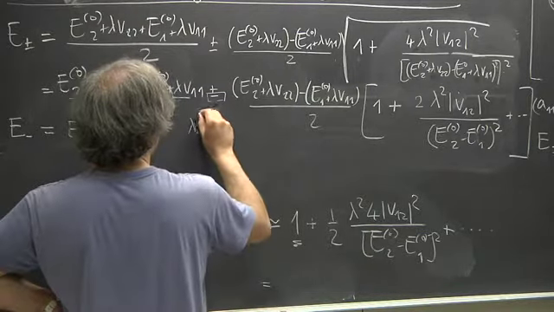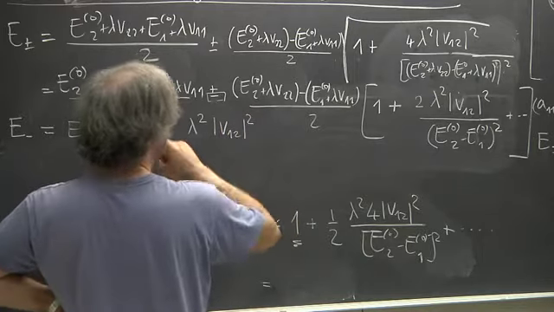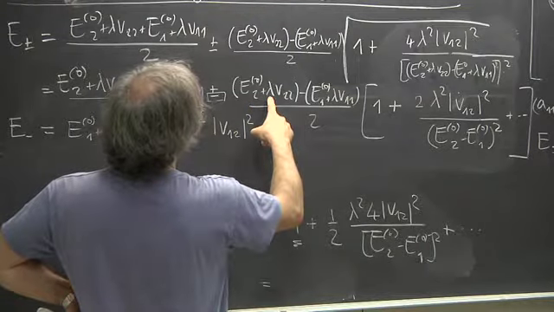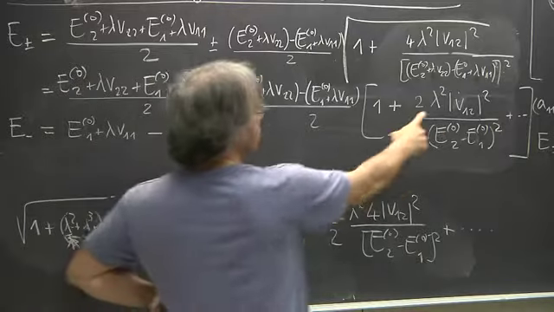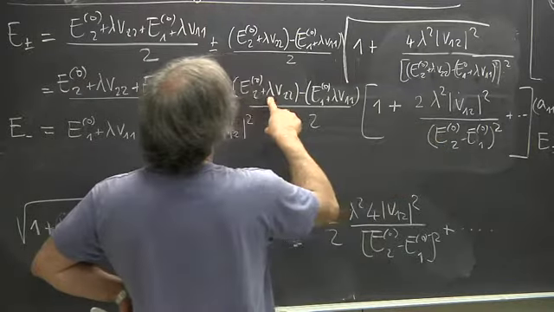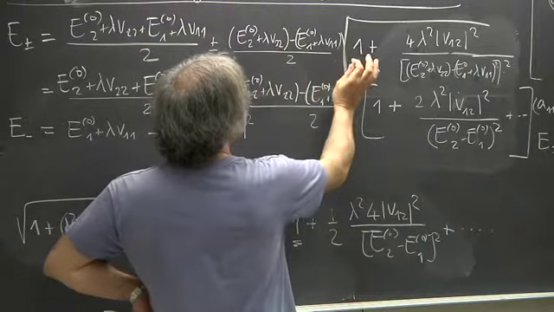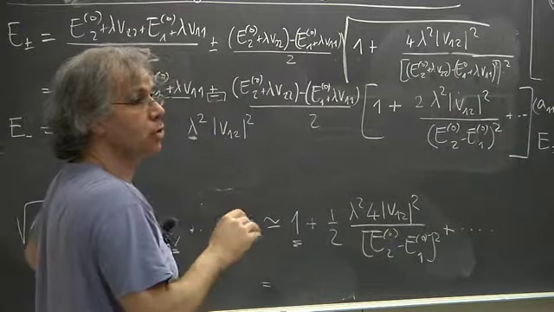I have lambda square V12 square. Then from here, if I want the lambda square term, it's enough to take lambda equal to 0, in other words, to drop these two terms, because this would give me a correction to order lambda cube.